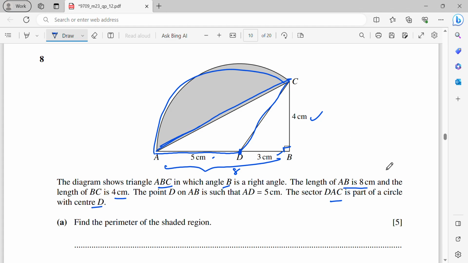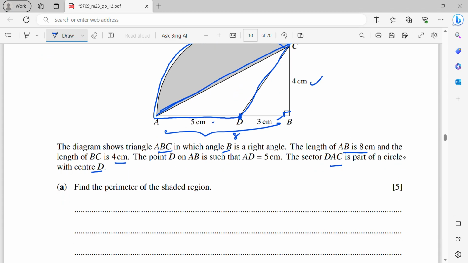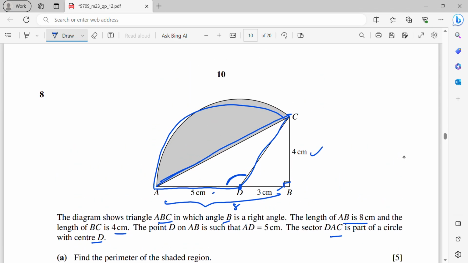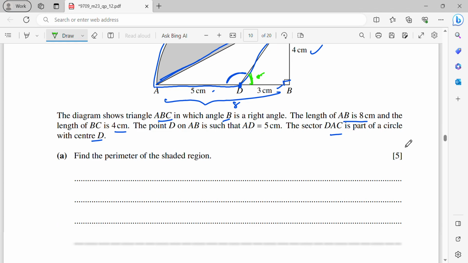So before I get this, I need to know what is my angle of ADC. So basically, angle ADC can be found by getting the angle BDC first, because you are given the right angle triangle. Then only I use pi minus the green angle, that will be my blue angle.